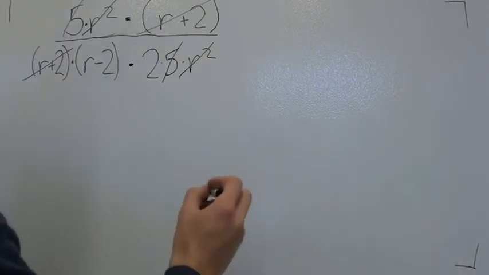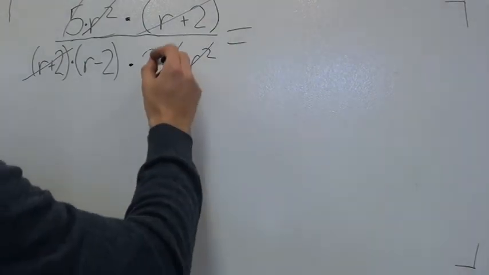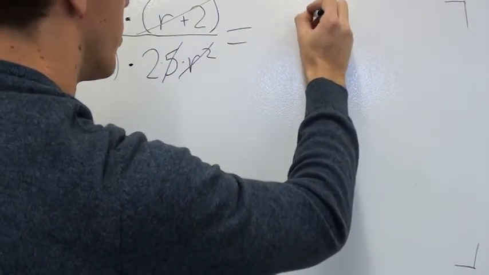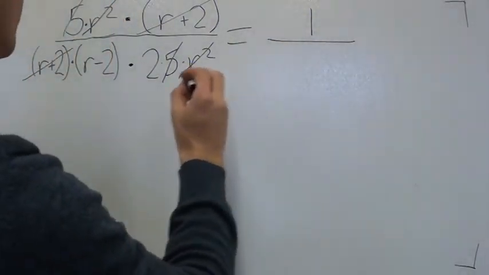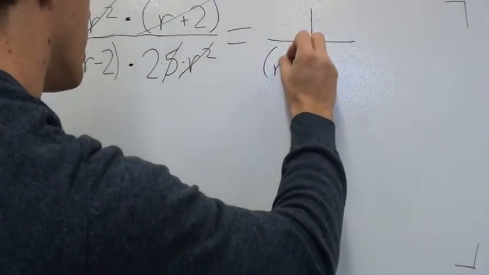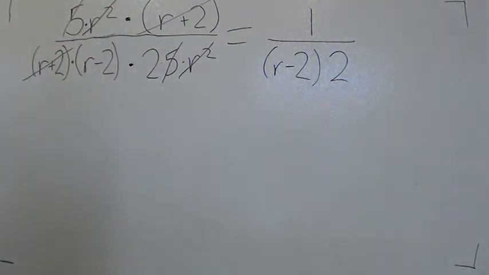So on the top, everything was canceled out, so there's just a 1 on top. On the bottom we have an r minus 2 and a 2.